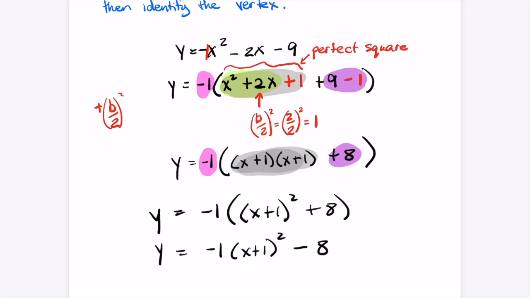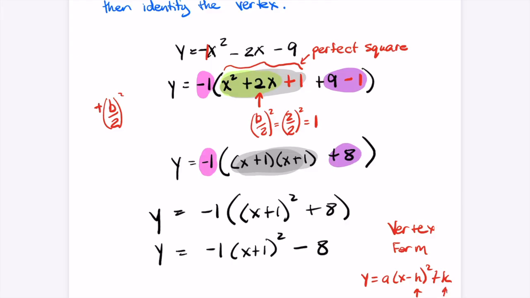Now that we have that, if that looks like vertex form to you, wonderful, because it is. If you need a quick review of vertex form, let's make sure that you see what that looks like. When we have a function in the form y equals x minus h squared plus k, the vertex is h comma k.